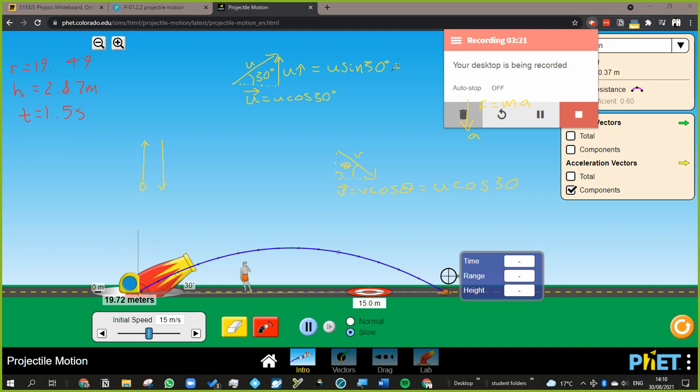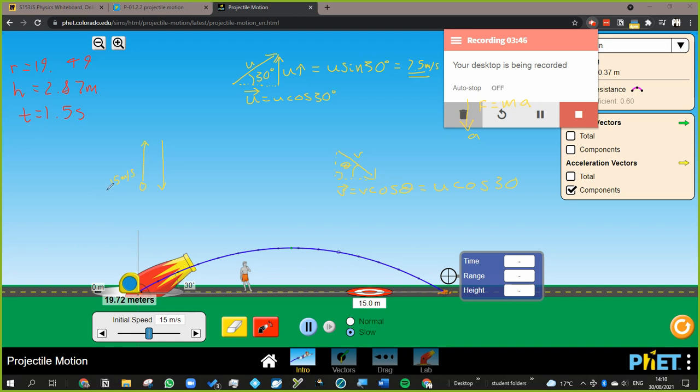So u sine 30, well, u was 15. So that's just going to be 7.5 meters per second. Okay. Does that make sense? Okay. So we've got the initial vertical velocity.